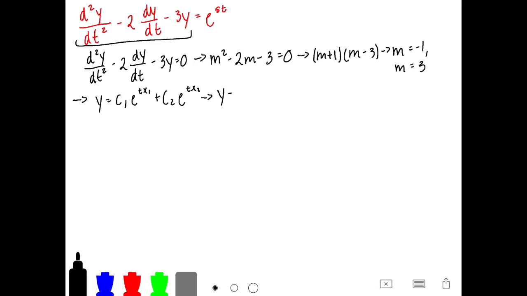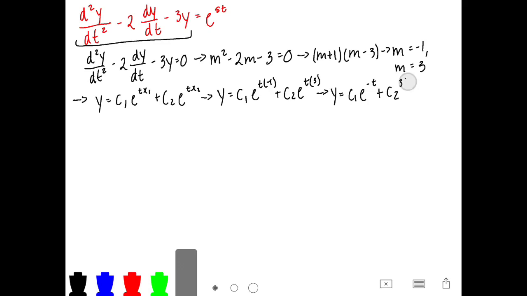And then plugging in our m's, well, I should put m instead of x, sorry, but you get y equals c1 e to the t times -1 plus c2 e to the t times 3. And then you're just left with y equals c1 e to the -t plus c2 e to 3t.